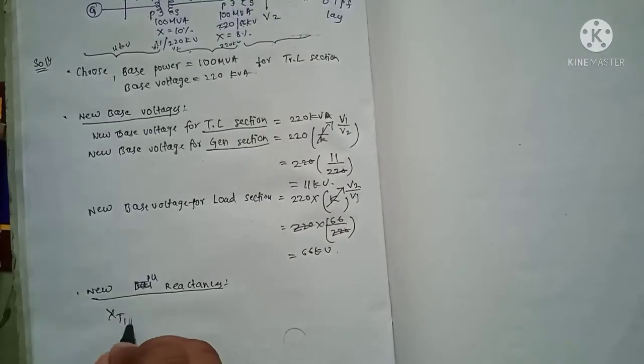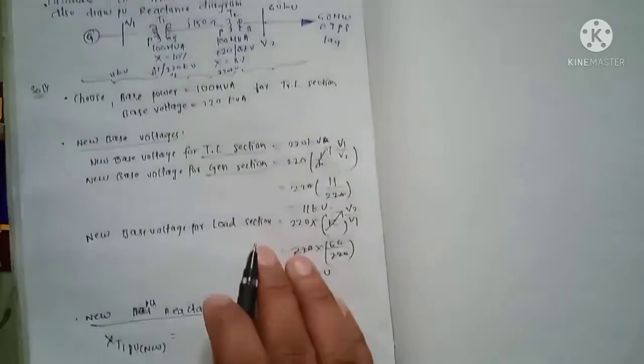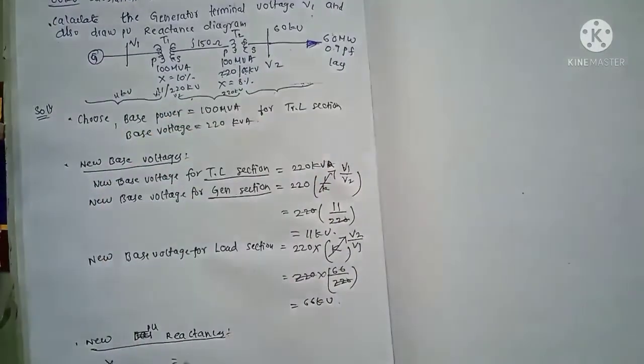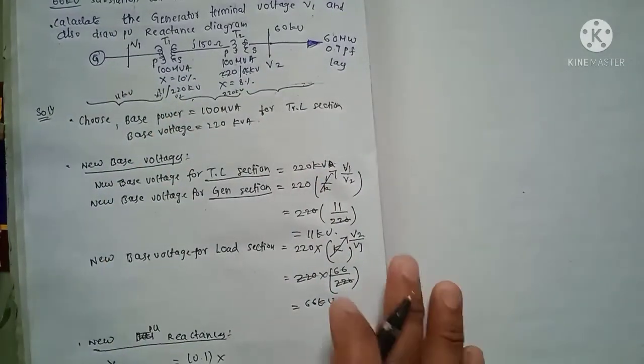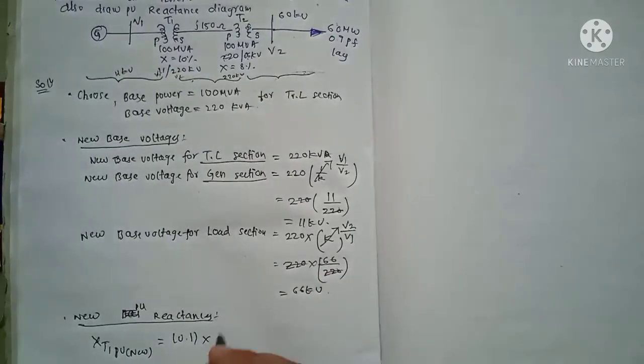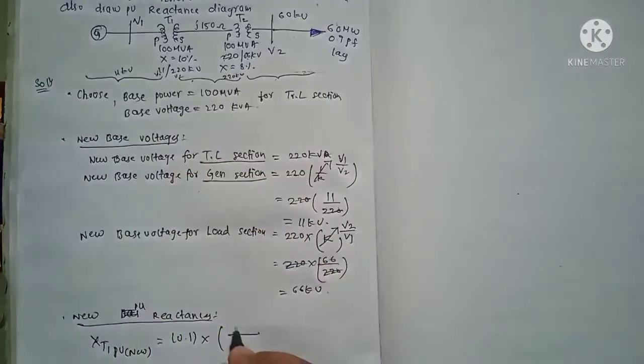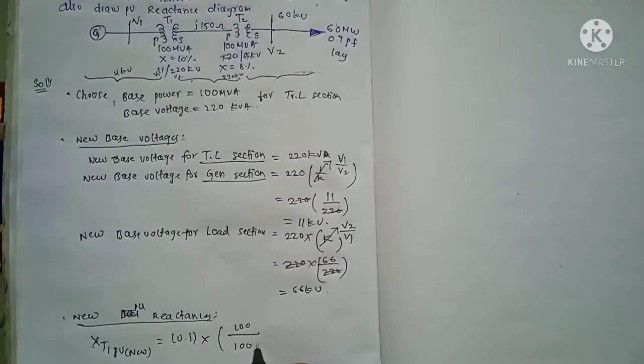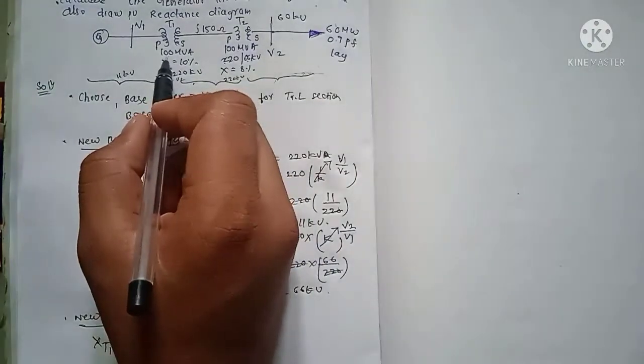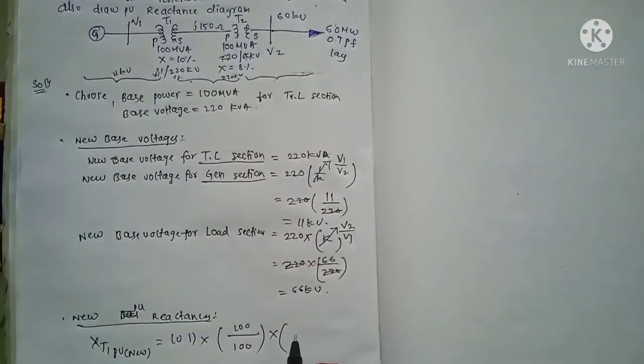XT1 pu new is equal to old, which is given as 10%, that is 0.1, multiplied by the new base power of 100 MVA divided by the old base power, also 100 MVA given, multiplied by the voltage section.